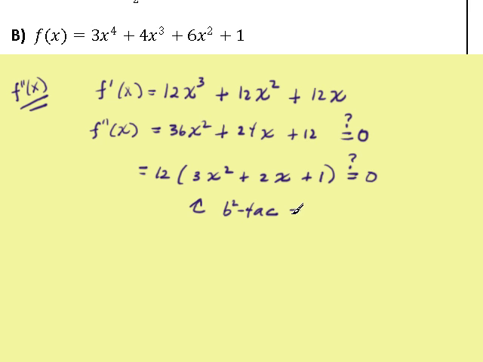So b squared, that's 4, minus 4ac, that's 3 times 1. 4 minus 12, okay, that's negative. That means that this is never 0.